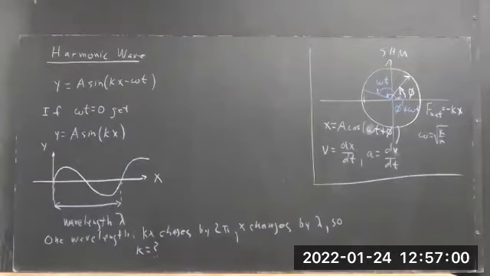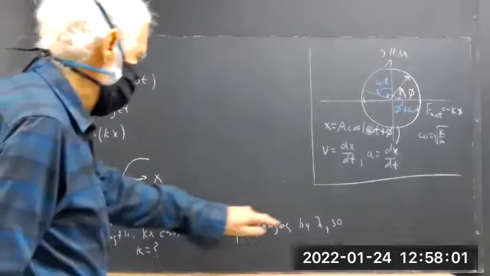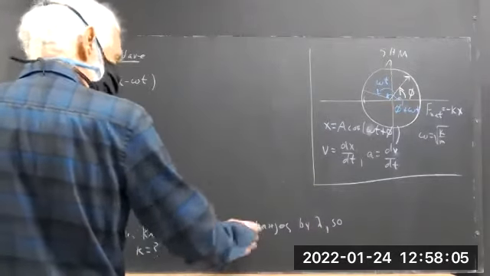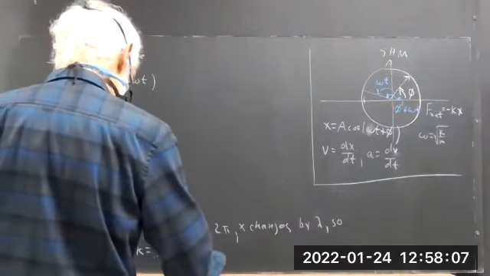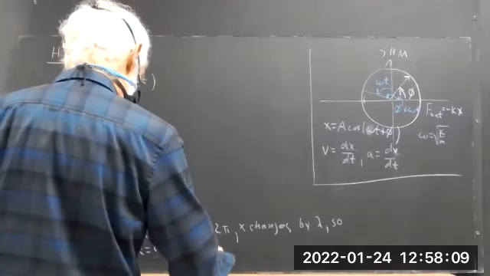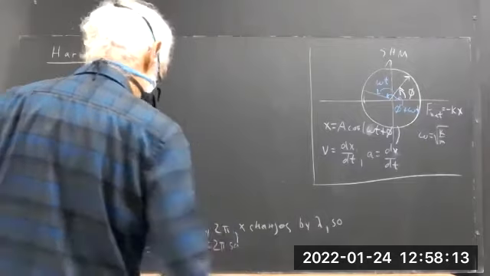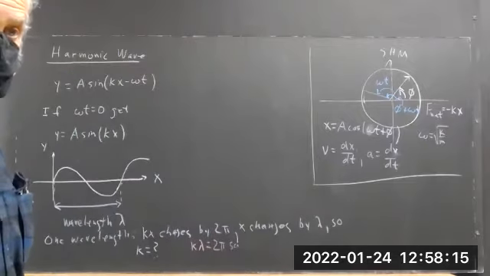So what's k equal to? Well, you answer that by saying k lambda equals 2 pi.